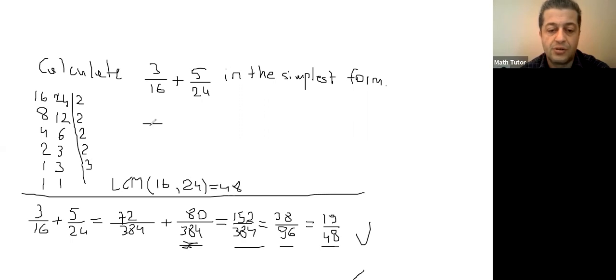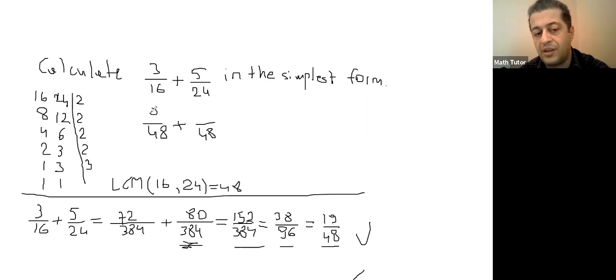48. So you got 48 here. We should write again here 48, but here it is easier to find which number should be placed in the position of numerator, because we see that 16 has been multiplied by 3 to obtain 48, and this should happen with the numerator as well.